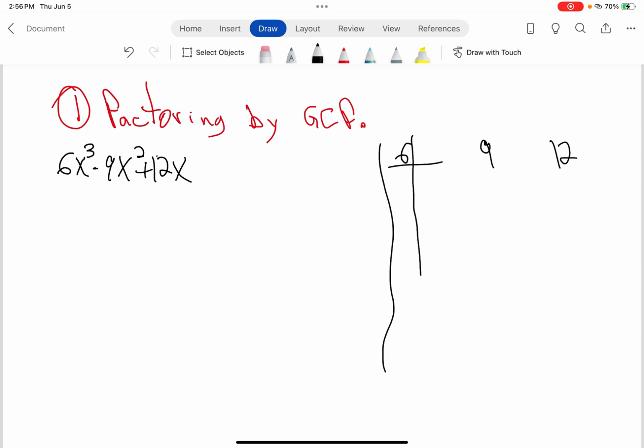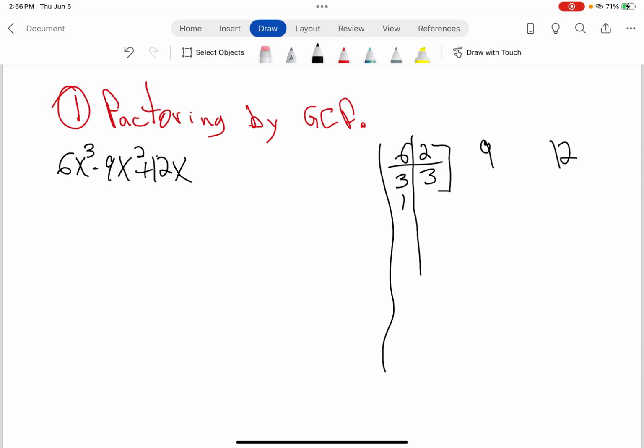To find the factors of 6, you always go dividing by prime numbers if possible. The first prime number is 2, so 6 divided by 2 is 3. Then the next prime number is 3. 3 divided by 3 is 1. So those are the factors of 6.